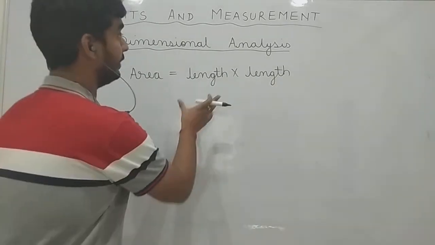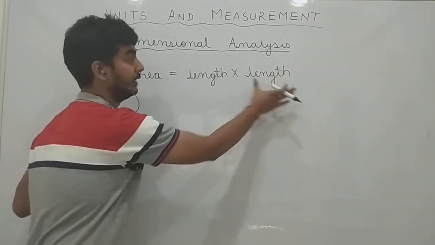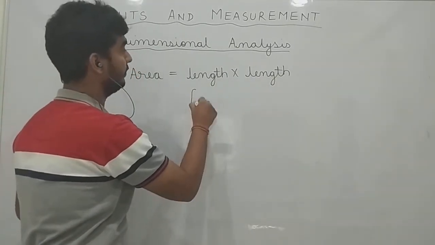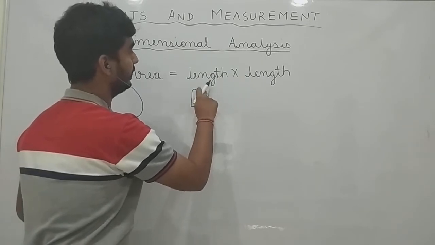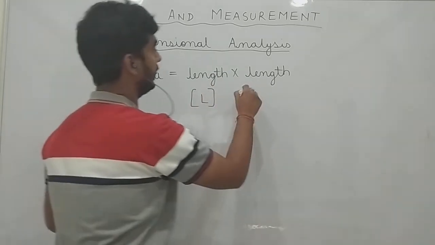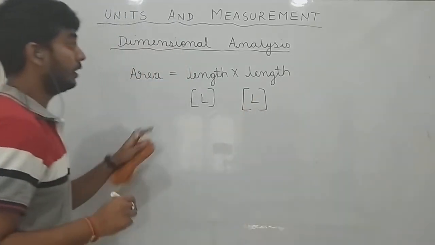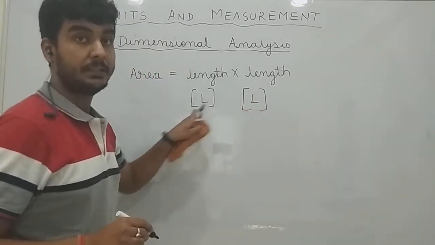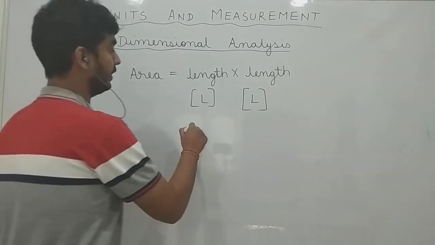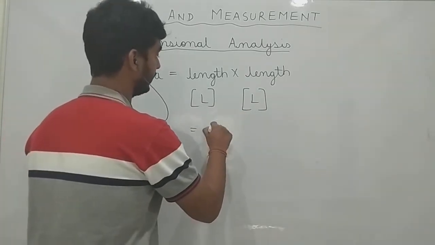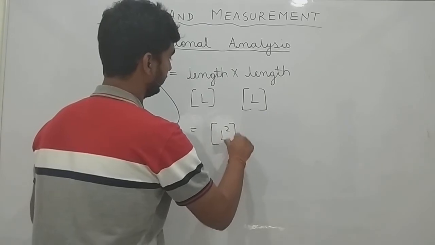And we know the dimension for length. The dimension for this length will be capital L, and the dimension for this length will also be capital L. So we'll be multiplying these fundamental dimensions, and the dimension for area is L square.